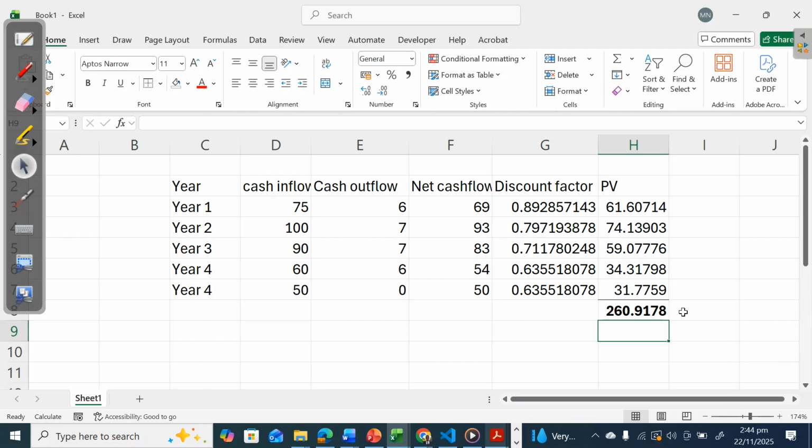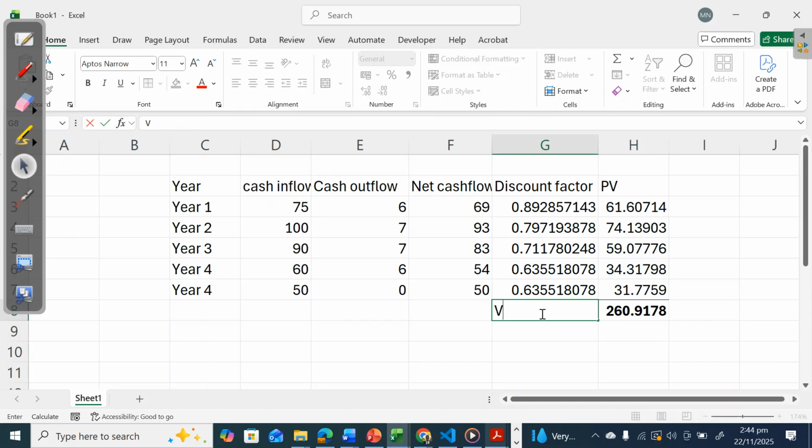So this is called the value in use. What we have calculated here is called the value in use.